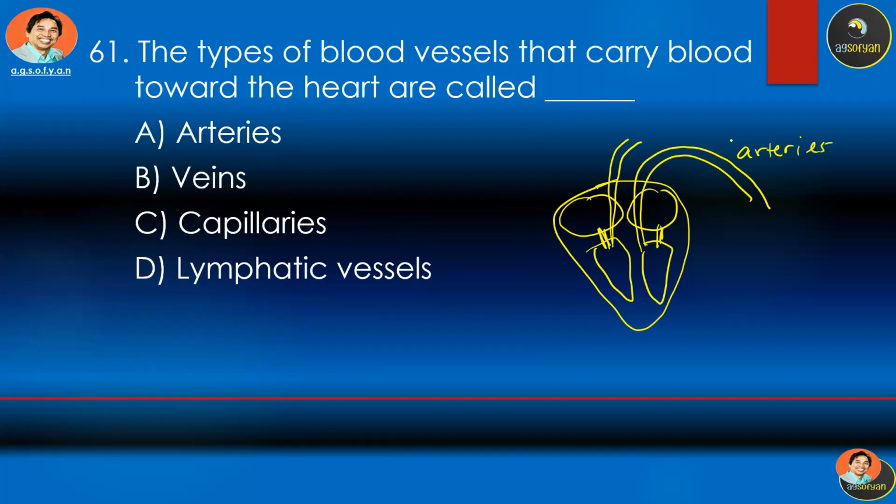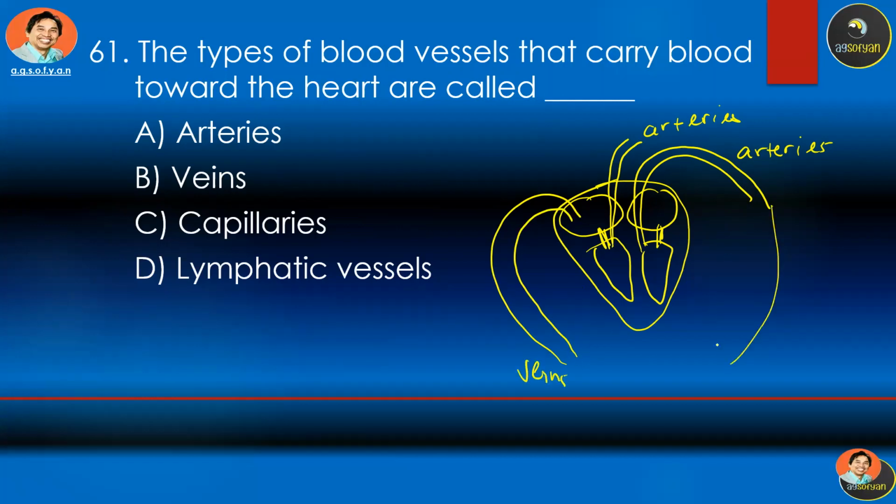So arteries carry blood away from the heart. The blood vessel that returns blood into the heart is called veins. Okay, and then the connection between arteries and vein is called capillary.